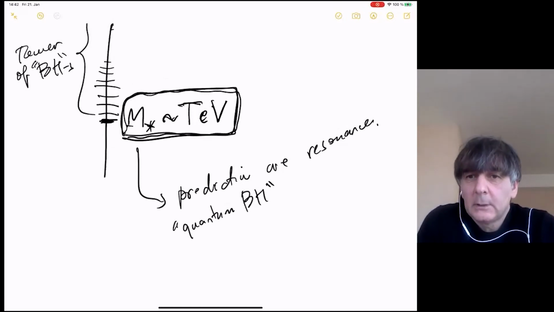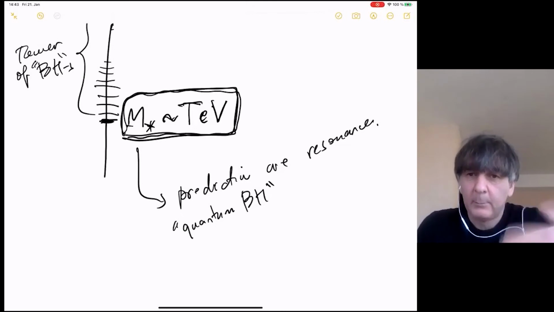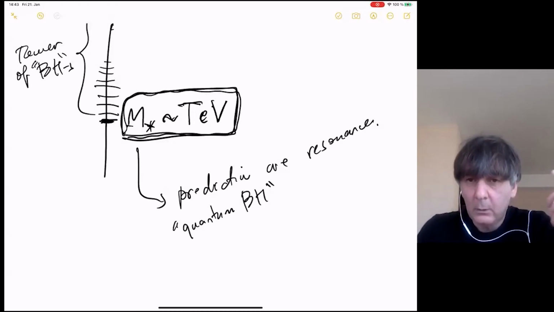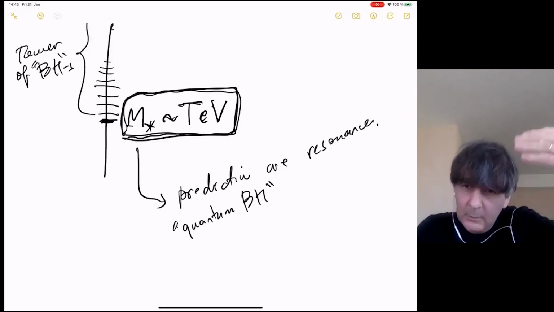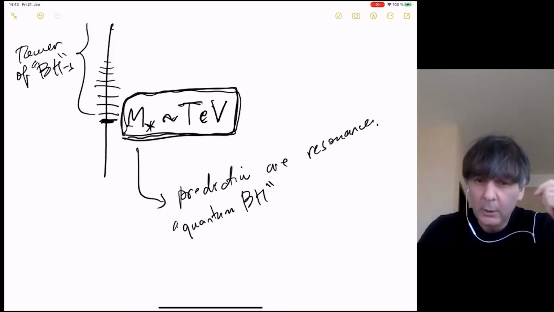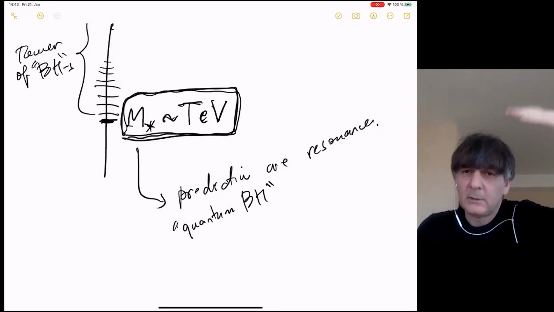But of course, there would be no way to prove that this is necessarily the beginning of a black hole tower and not just another particle which decays into two jets. So in order to catch glimpses of quantum gravity, we will need to go significantly above the first resonance.